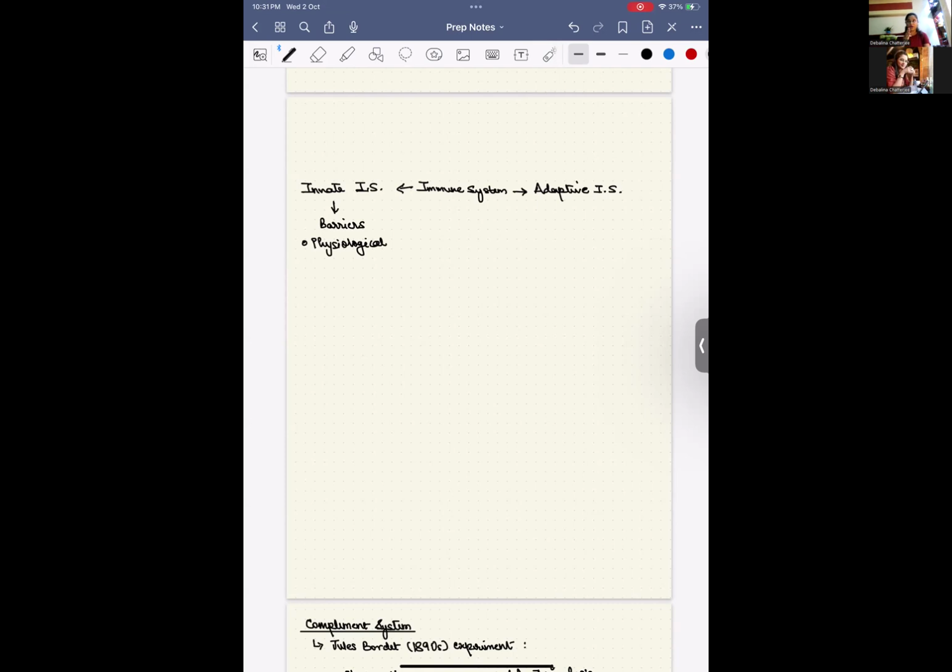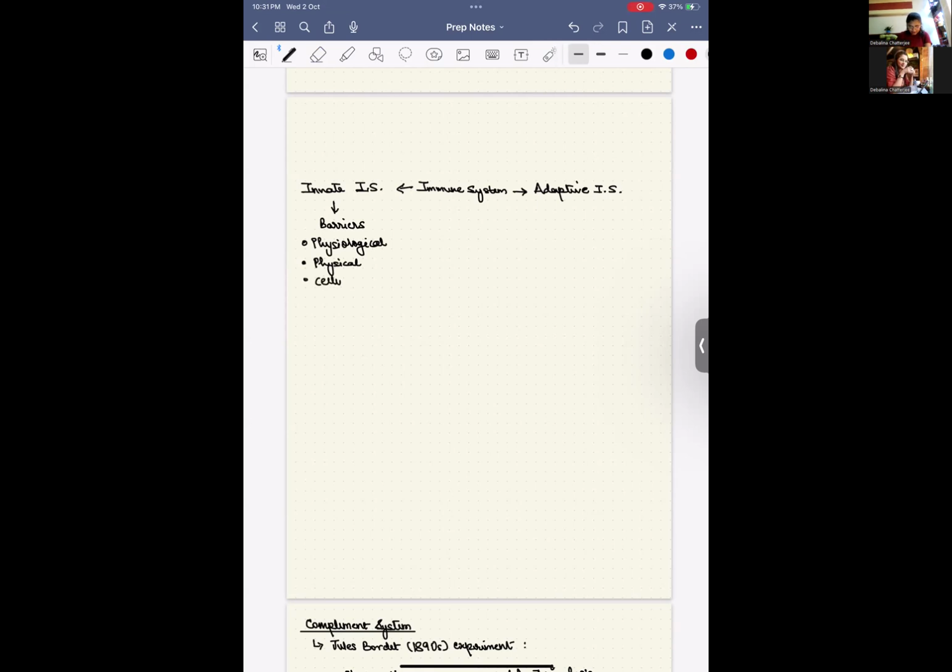All of those are incorporated under the heading of physiological barriers. We then have the physical barriers. So these were your skin, the gut lining, or the respiratory tract lining. So any sort of lining that constitutes a physical barrier.